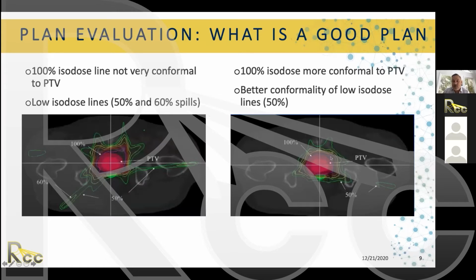The 100% looks more conformal to the PTV, so you still have good coverage, but there is better conformality on the low doses. See, the 50% is only spilling a little bit here. So again, these are things that you need to think about on the bigger scale. And of course, I'm just looking at one axial slice here. You need to do the same exercise for the whole extent of the PTV in all the planes.